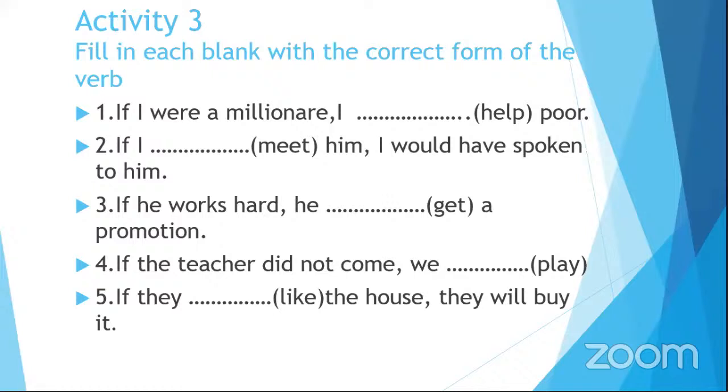These verbs, these structures would help you to understand it. Then you will have to fill in the blanks. Fill in the blank means use the correct form of the verb. You will be given 5 minutes. After 5 minutes, please write this. I'm starting to discuss this.